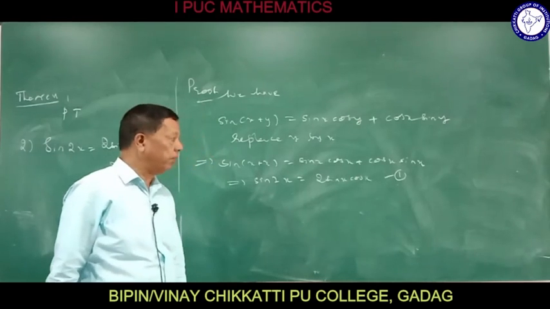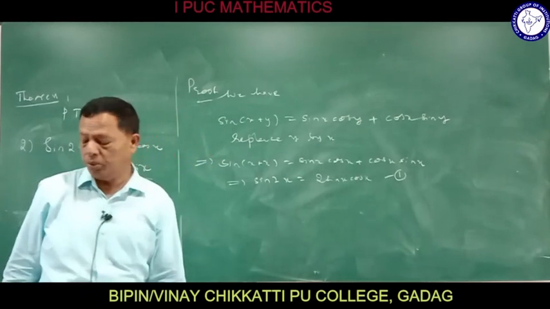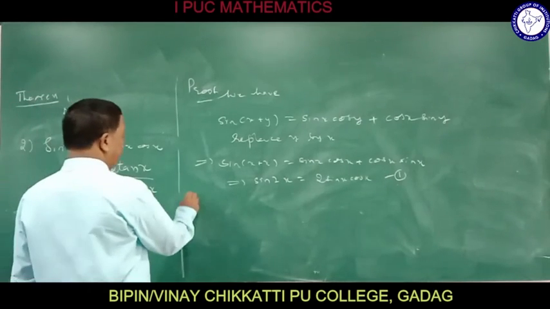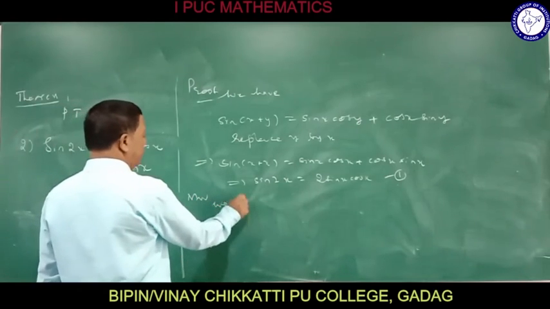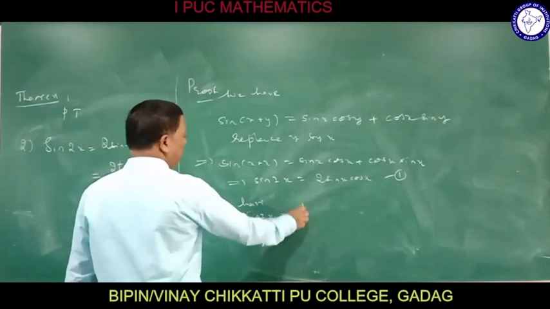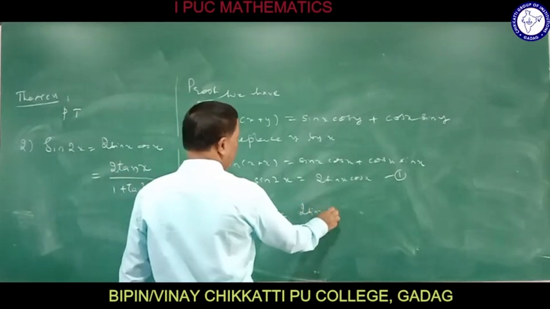Now you have to understand how to prove the next one, and accordingly see the result here. See how we prove this. Sin 2x is equal to 2 sin x cos x.